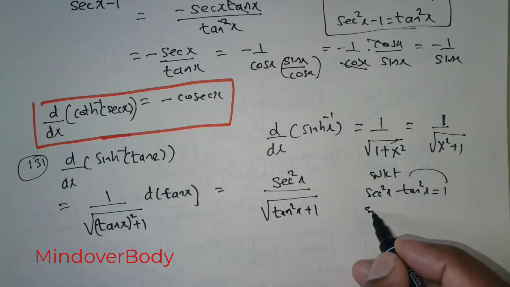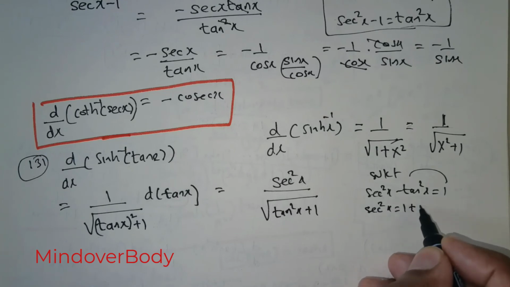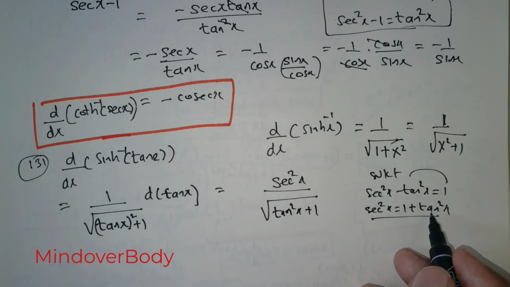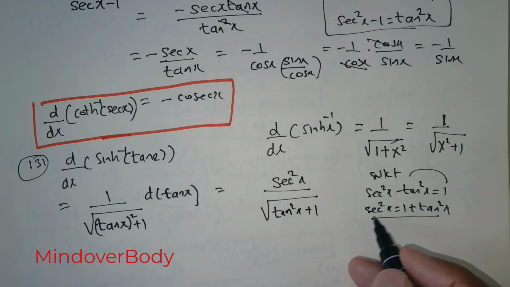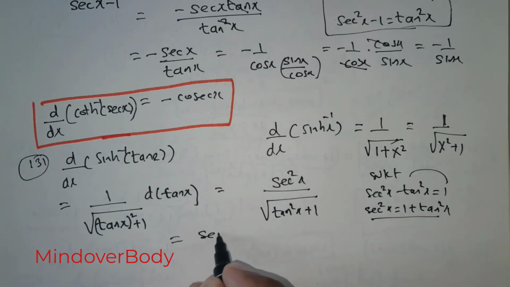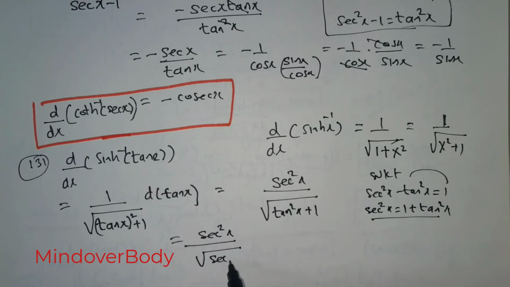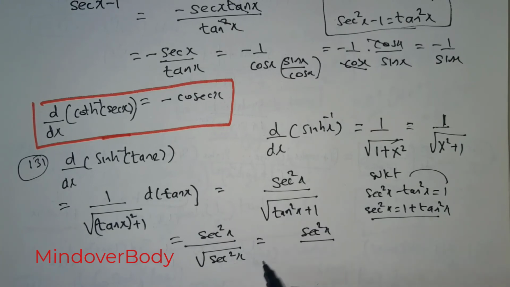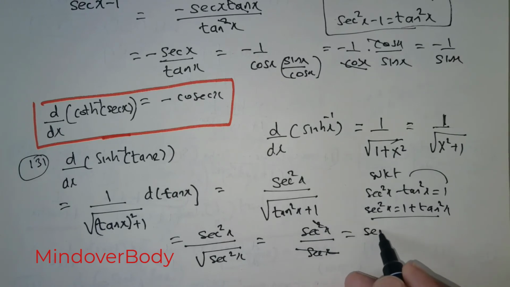So you move that, so you get secant squared x is equal to 1 + tan squared x. So in place of 1 + tan squared x, or tan squared x + 1, I will replace secant squared x. So this is equal to secant squared x divided by root of secant squared x, and root of secant squared x is secant x. I can cancel it, giving me secant x.